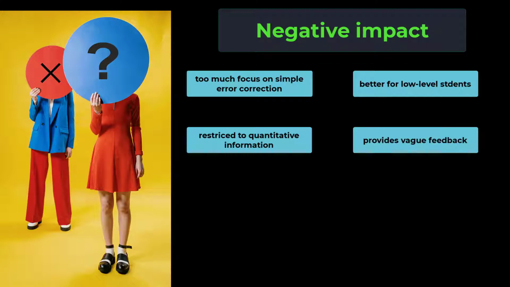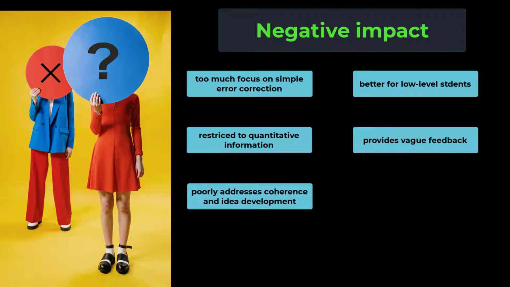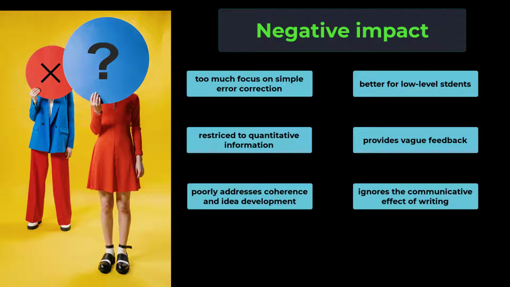AWE provide vague suggestions that don't fully address students' individual writing problems, especially in areas of coherence and idea development. AWE diverts students' attention from content development to formal attributes, failing to take into account the social and communicative dimensions of writing.